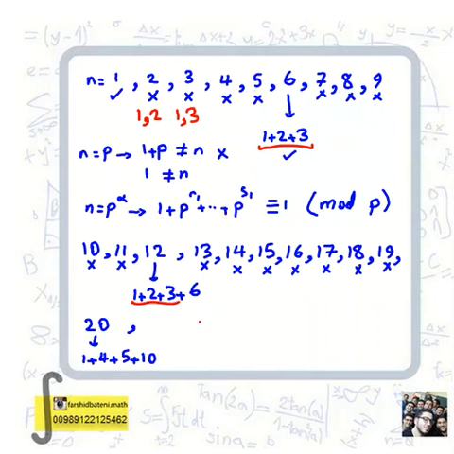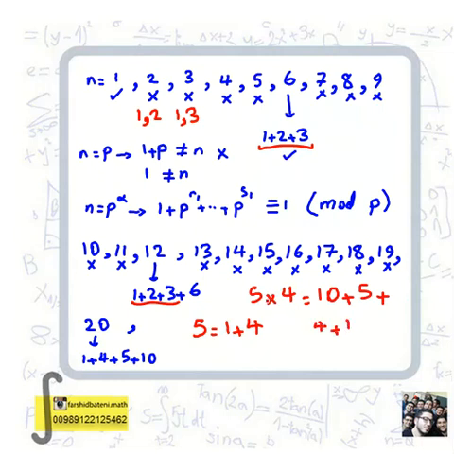Now, we know that 5 is not good, but 20 is good. Why? We can write 5 in this form, 1 plus 4. So if we consider 5 times 4, we can write 10 plus 5 plus, and we need 5 here, and we know that we can write 5 as 4 plus 1.